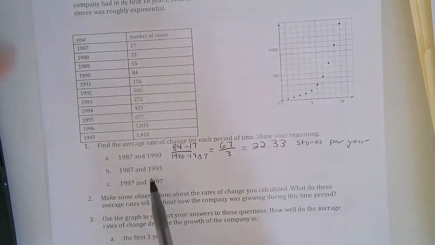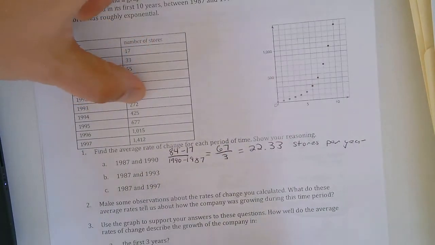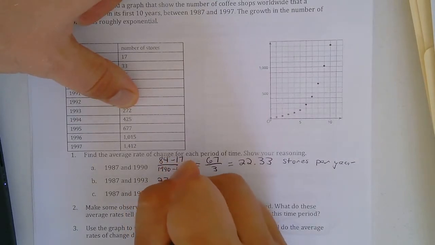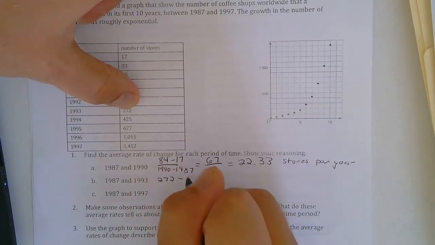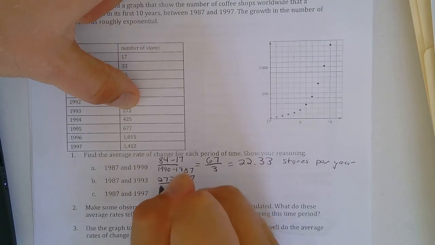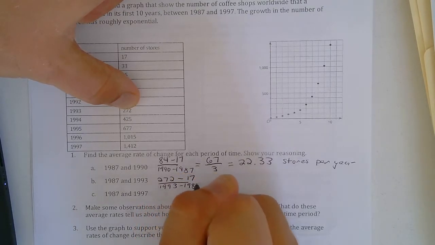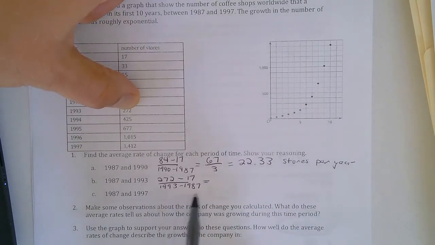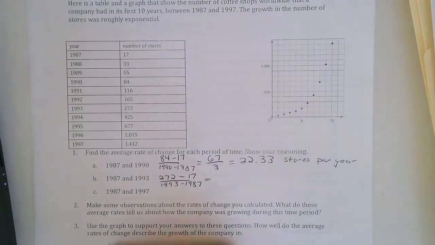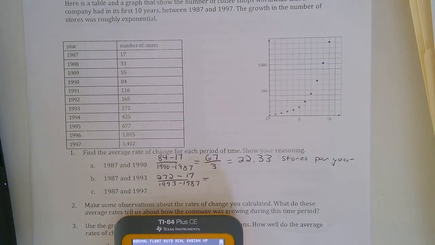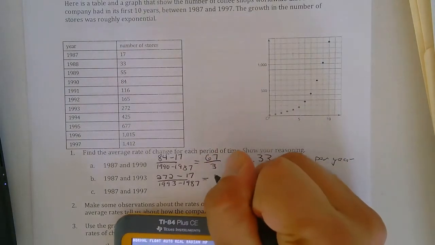So we're going to do the same thing for 93 and 87. So in 1993, we have 272 minus the 1987 value of 17. Over here, we'd go 1993 minus 1987 for the x2 minus x1. So on here, 272 minus 17 is 255.